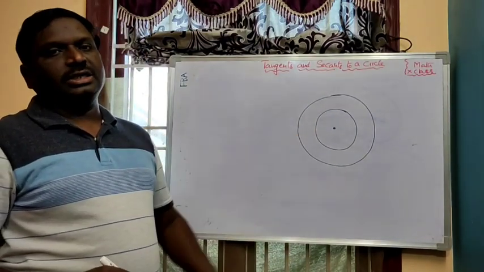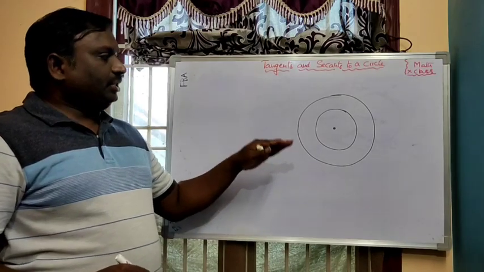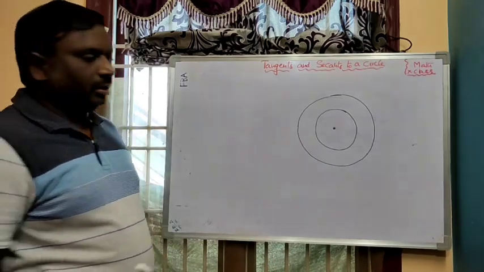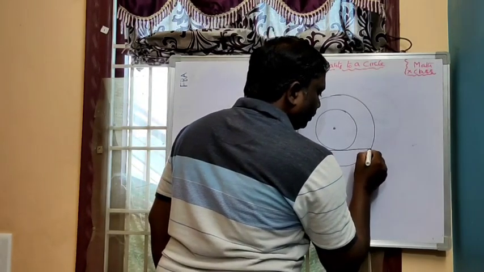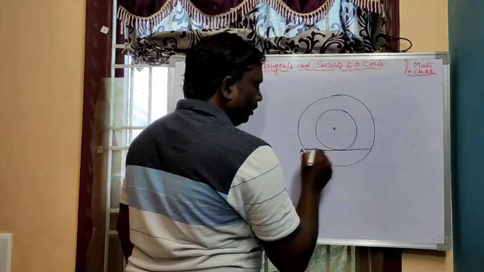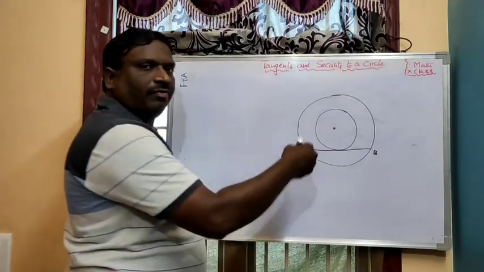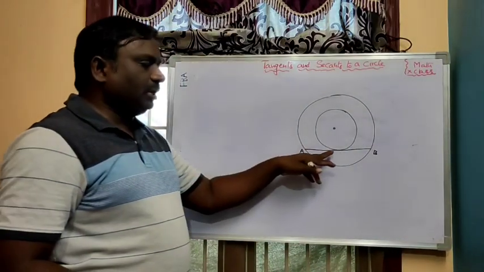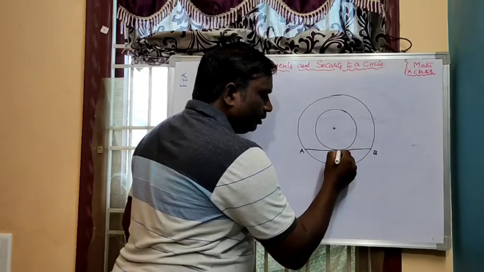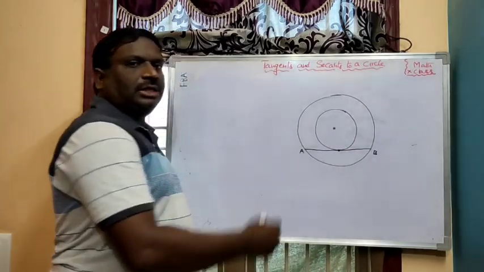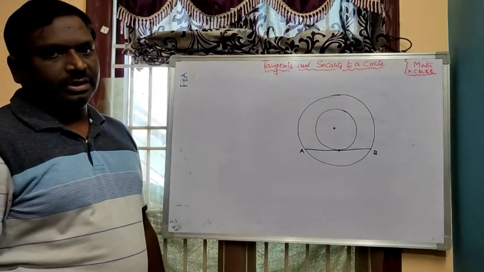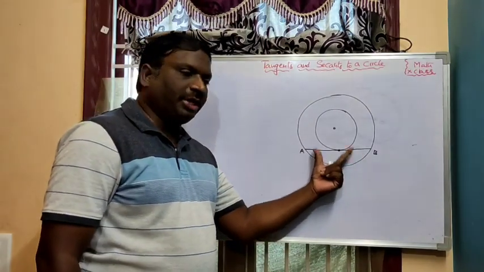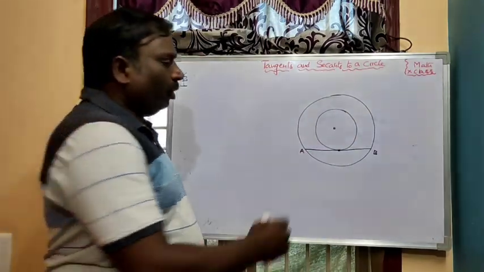Two concentric circles having a chord of the larger circle which touches the smaller circle. AB is the chord of the larger circle which touches the smaller circle, and it is also bisected by the smaller circle at the point of contact.